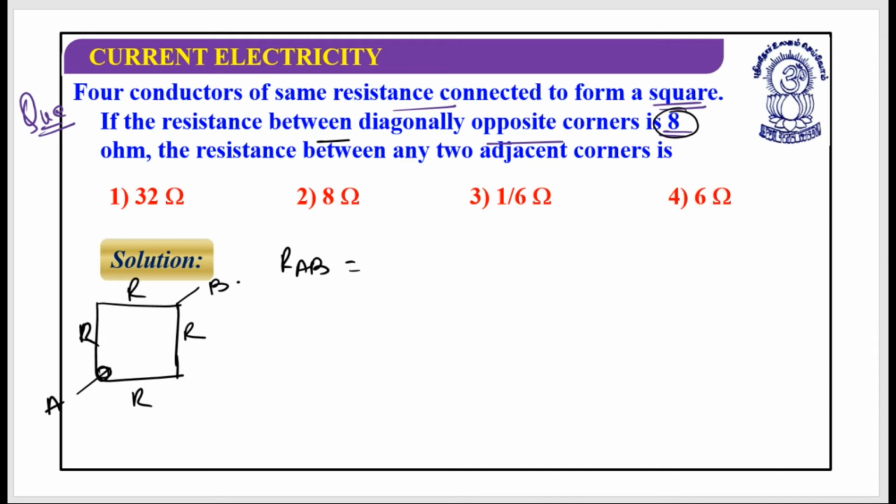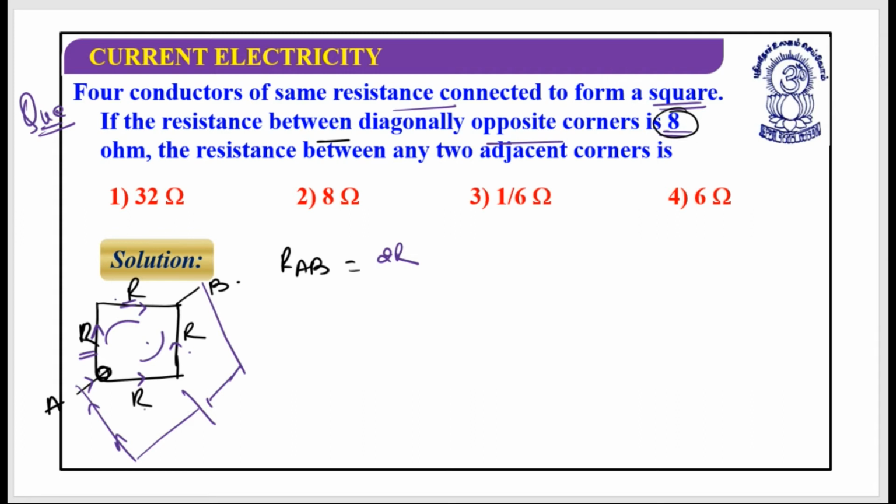So what I can have is RAB. If I understand this very clearly, my current will start moving from here. A certain current will pass through this and the other will pass through this. That means these two resistors are in series, these two are in series, and their equivalents are in parallel. While I calculate R plus R, this is 2R. While I calculate R and R, it's 2R.